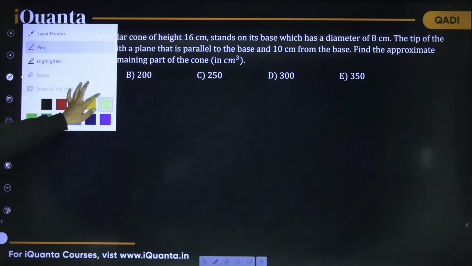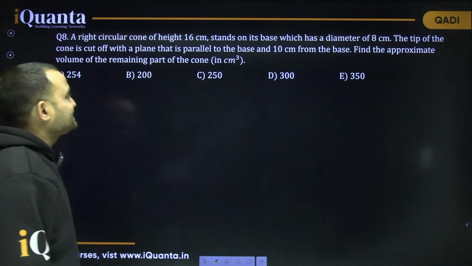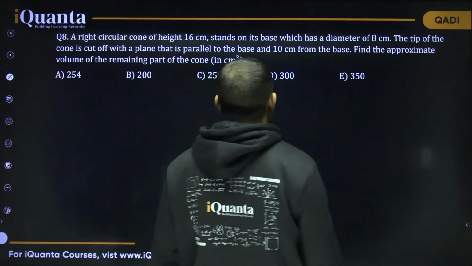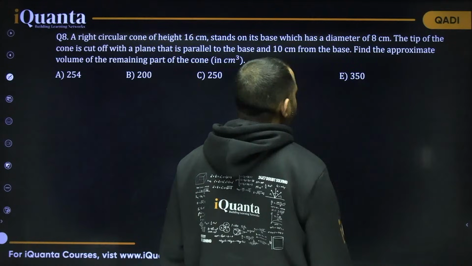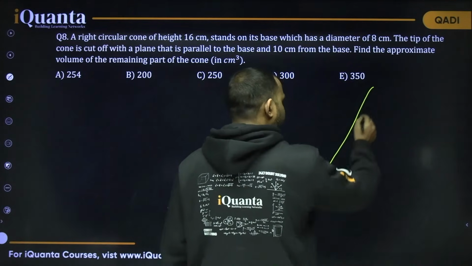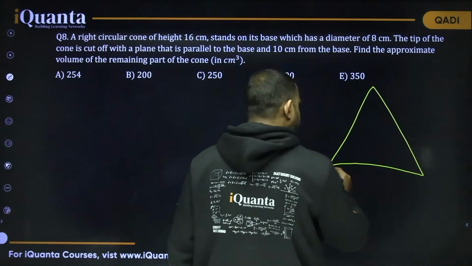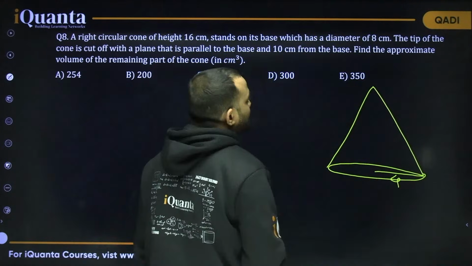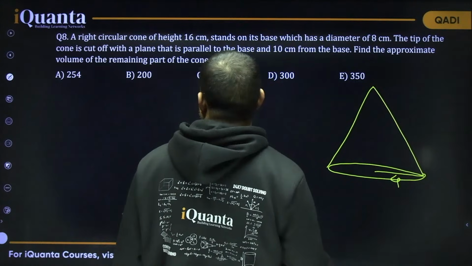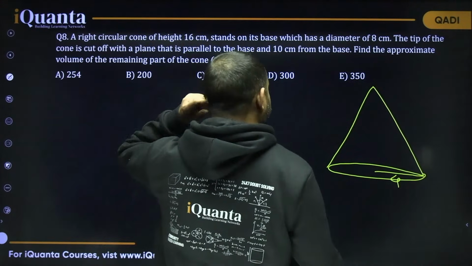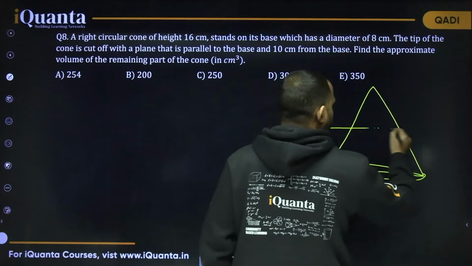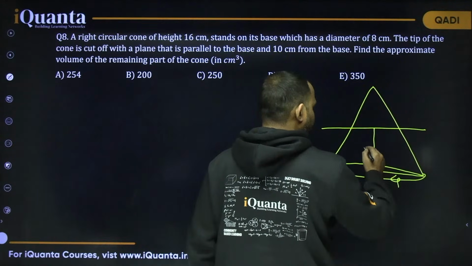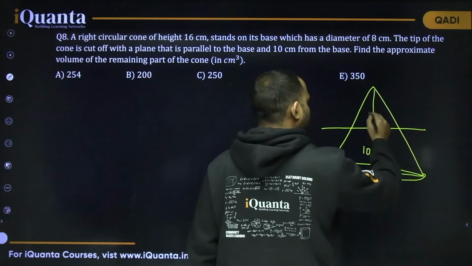Now, a very similar question. A right circular cone of height 16 centimeter stands on its base which has a diameter of 8 centimeter. So the radius will be 4. The tip of the cone is cut with a plane that is parallel to the base and 10 centimeter from the base. So this height is 10, and this height is equal to 6.